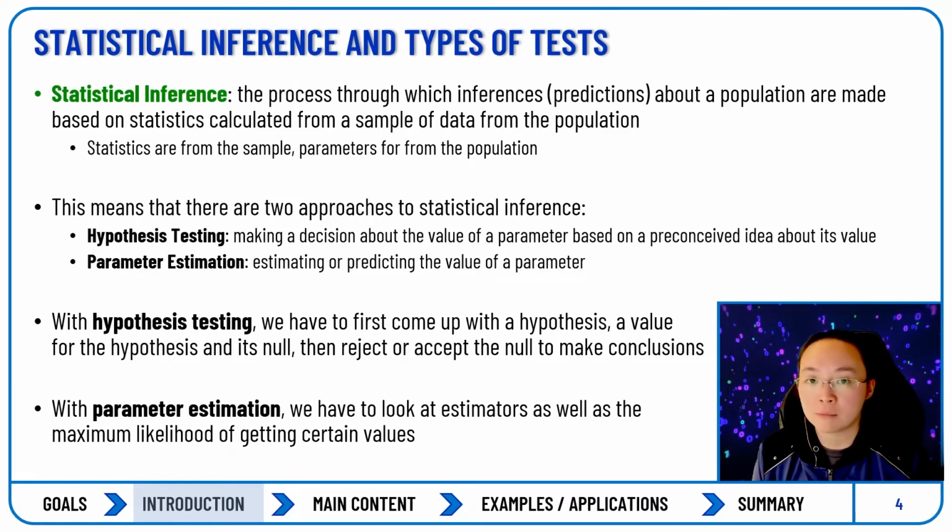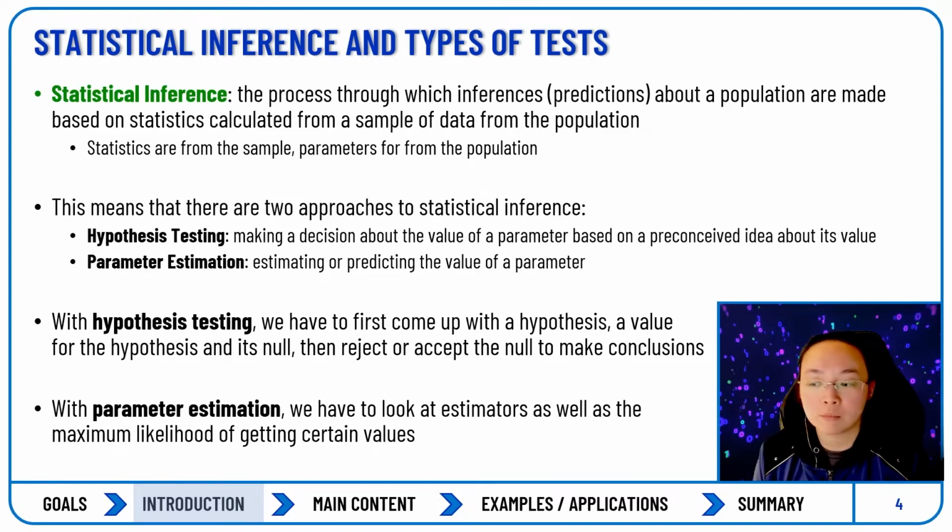With parameter estimation, we're estimating or predicting the value of a parameter. So it's no longer us saying we think the value is x equals 20. It's now let's try and figure out a meaningful value for this parameter, which can be used in the population. So with hypothesis testing, we must first come up with a hypothesis, a value for the hypothesis and its contradictory hypothesis, the null event, and then either reject or accept it and make conclusions.